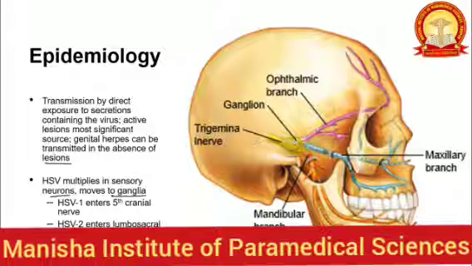As I said, HSV1 enters the fifth cranial nerve, and HSV2 can enter the lumbosacral spinal nerve trunk ganglia. So as you can see in this picture, the transmission of HSV1 goes into the fifth cranial nerve, and HSV2 into the lumbosacral spinal nerve trunk.